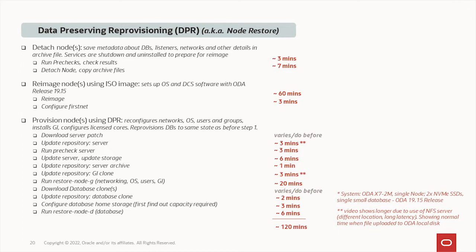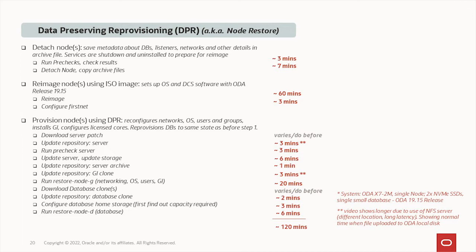Before we jump into the demo, I wanted to show you this slide so you can see the overall steps and how long it takes. There are three main steps. One is detaching the nodes, which takes about 10 minutes. Then the re-image, which alone is about 60 minutes, so a total of about 63 minutes, when we configure the first net, which is the networking configuration for the appliance.